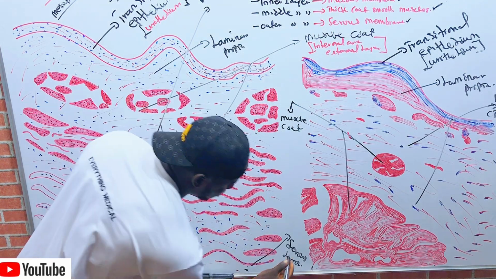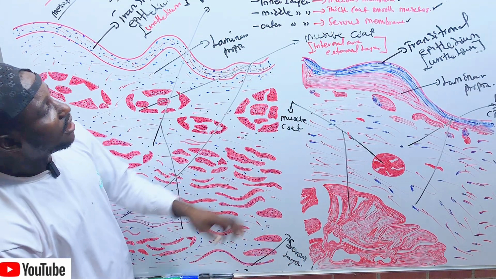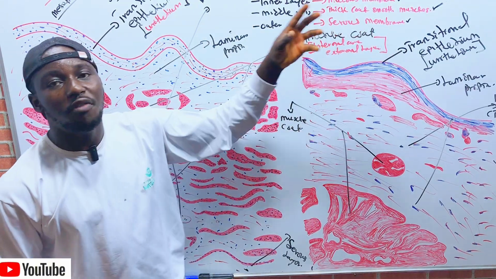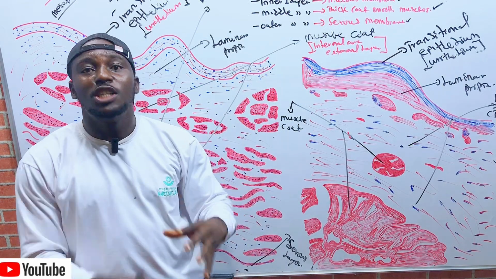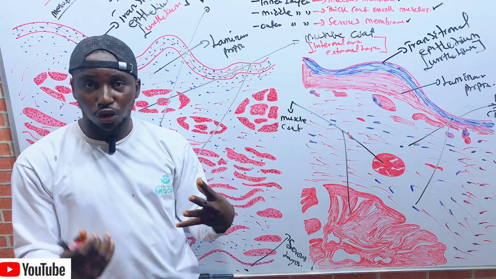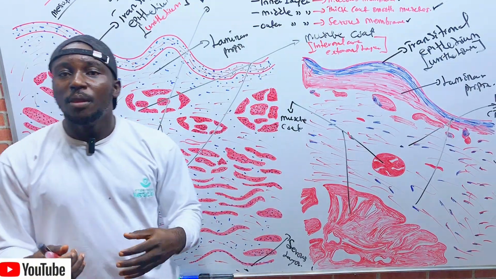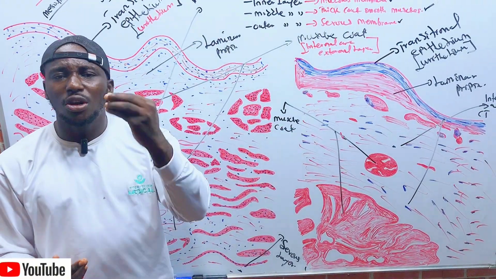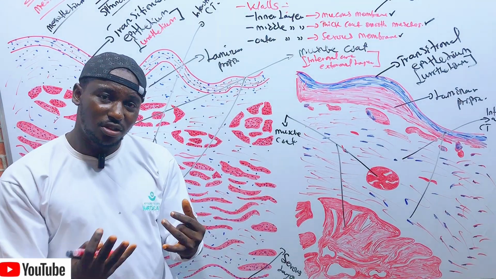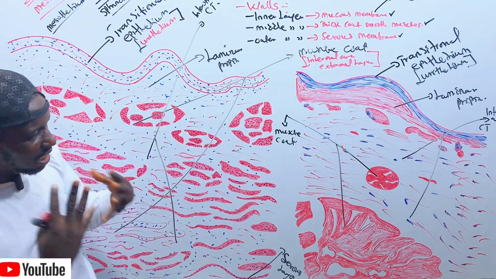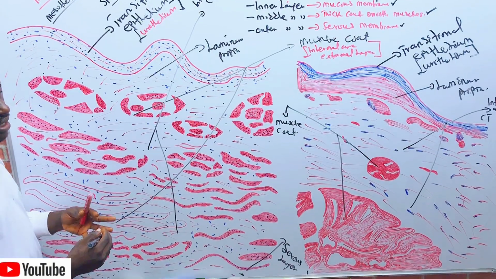So that is how it is being fashioned. So this serous membrane forms the superior surface of the urinary bladder, which is covered by the mesothelium of the peritoneum, right? While the inferior surface of the urinary bladder is formed by the adventitia, which contains a fibroelastic connective tissue that houses the blood vessels, the nerves, and the lymphatics. So that is how they are being fashioned.